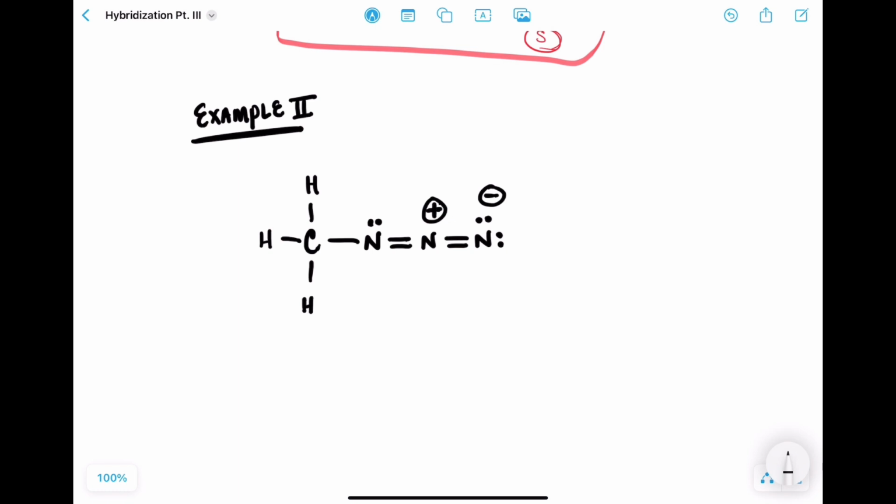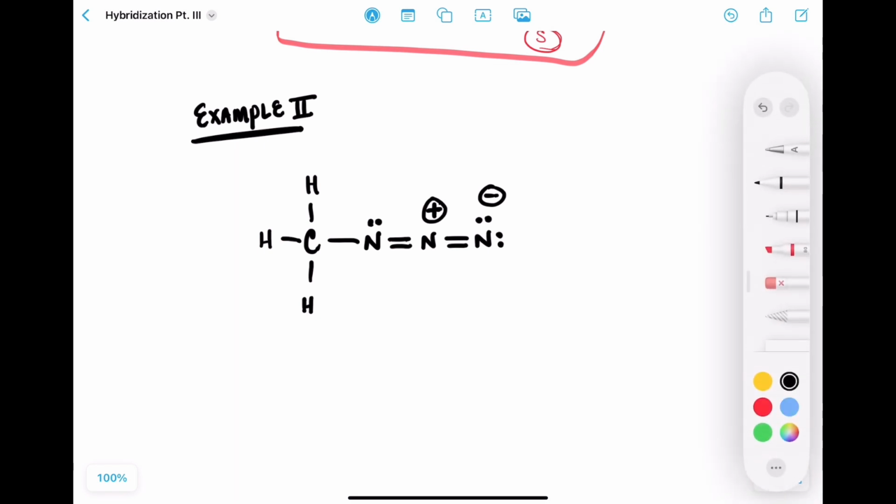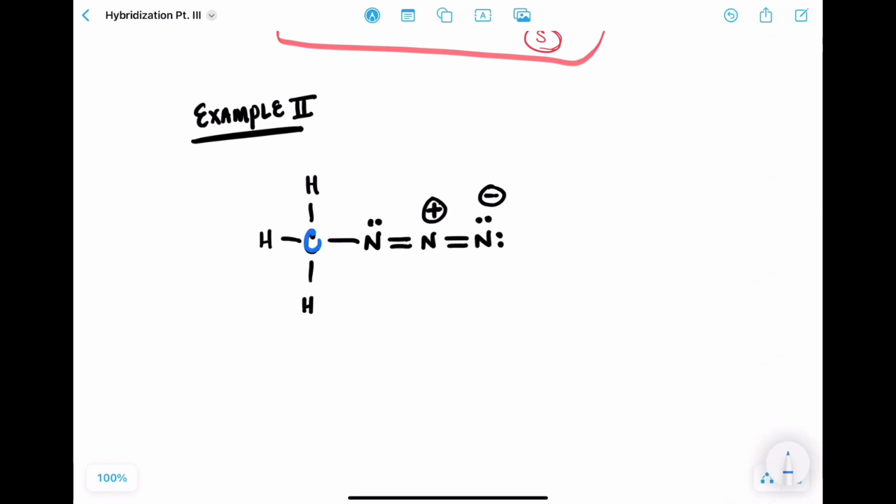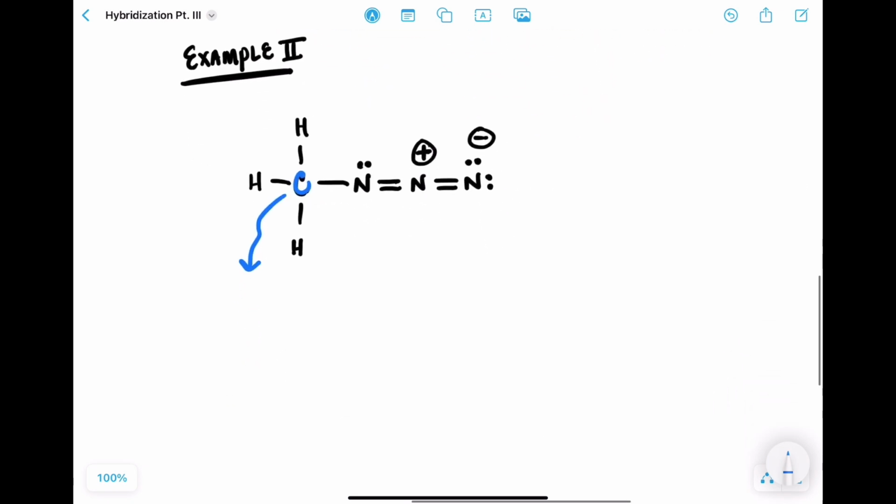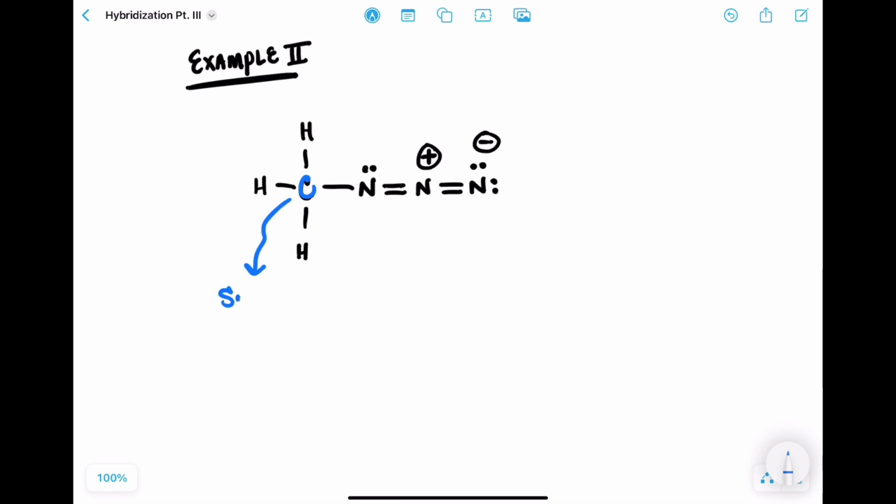So this is the molecule ahead of us, essentially. And so we need to go through every atom and determine what the hybridization of it is. So this carbon we'll put in blue has 4 bonds around it. Anytime I have 4 single bonds, I'm going to have sp3 hybridization.